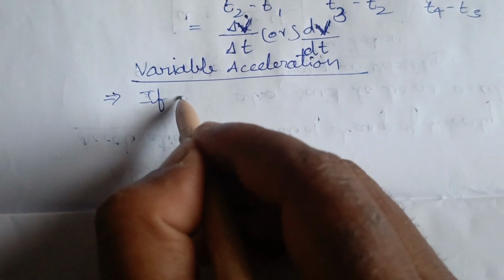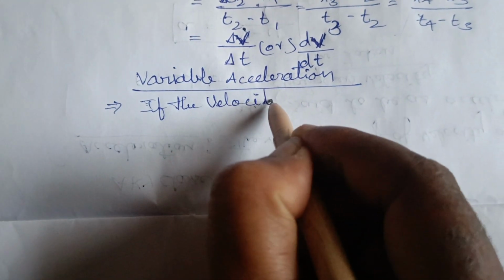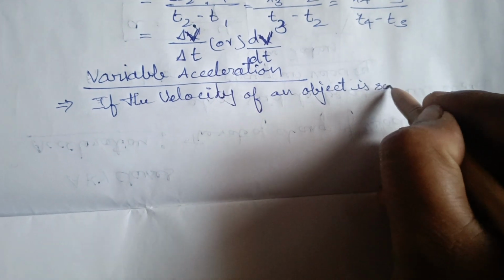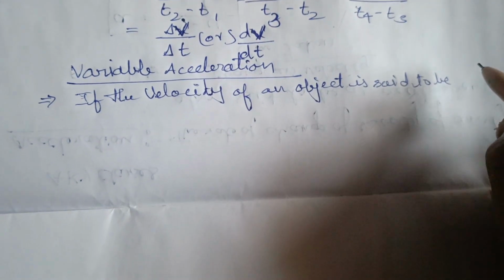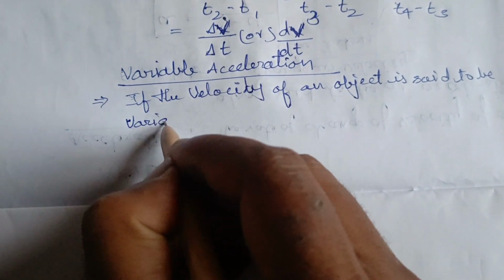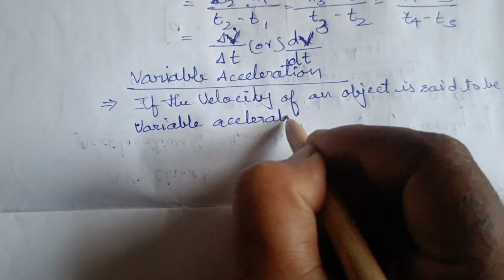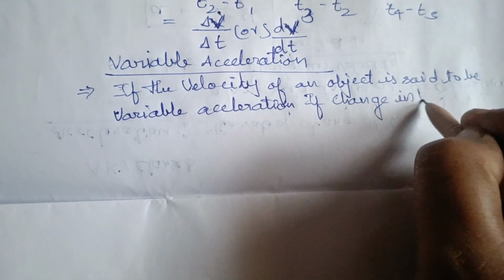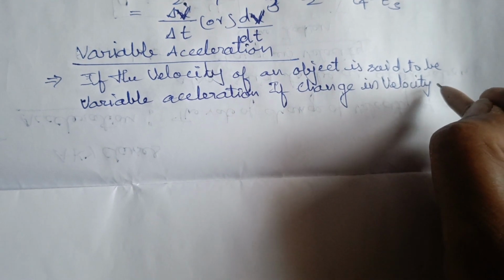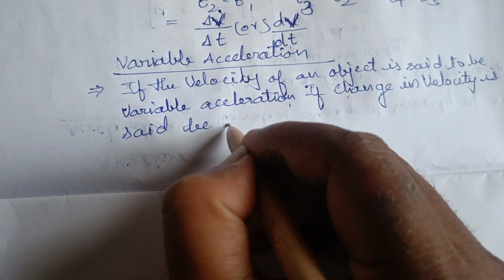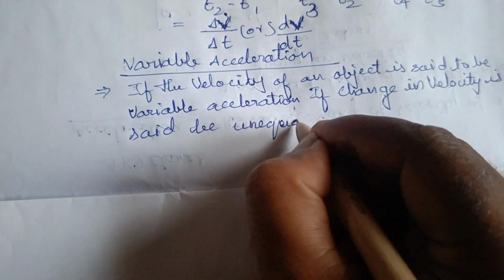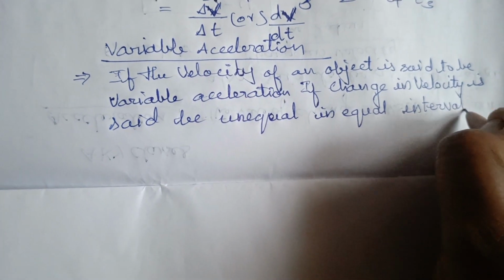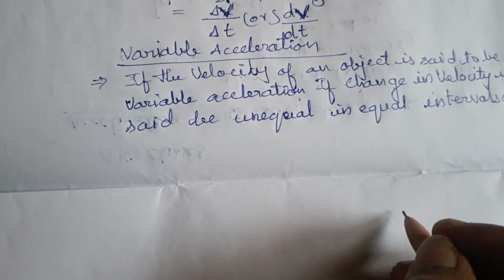The acceleration of an object is said to be variable acceleration if the change in velocity is unequal in equal intervals of time. So they are said to be variable acceleration.